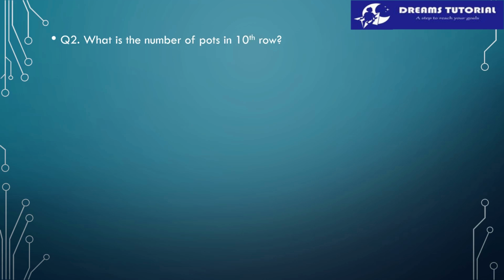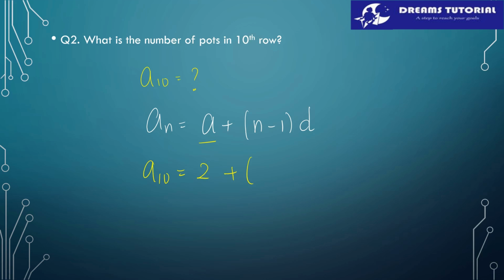Question number 2 says: what is the number of pots in the 10th row? That means we are asked to find the value of a10. How do we find it? We can use our nth term of the AP formula, which is an = a + (n - 1) d. Once you write the formula, you can easily find a10. What is the value of a for the AP? It was 2, plus n here is 10, so 10 minus 1.